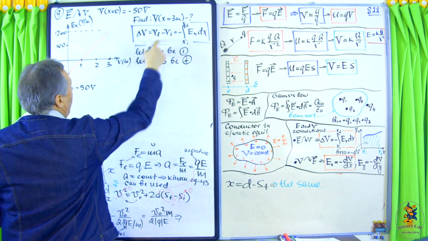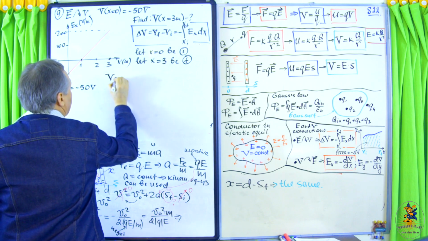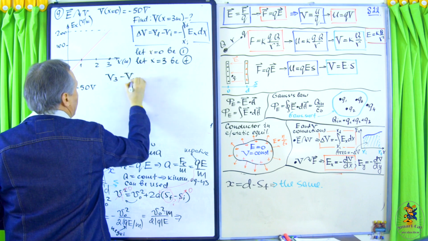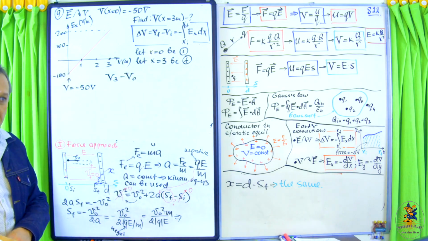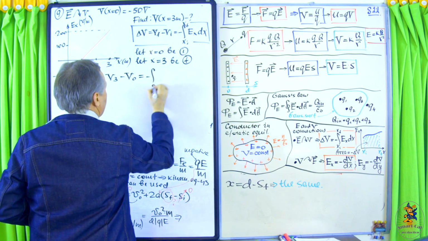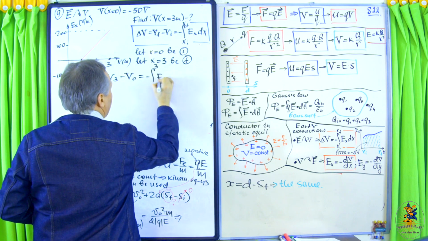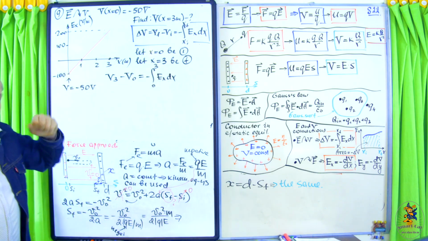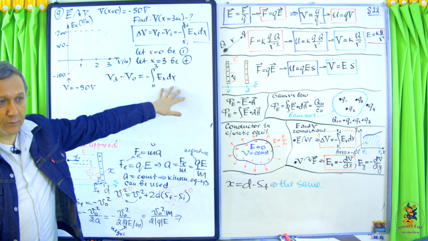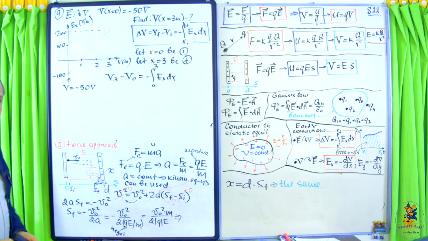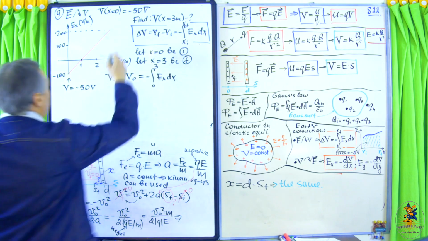Okay, so now after this we can write this formula for our particular situation. So V final, so it's V at 3, final point, minus V at 0 at the origin, right? And equals minus integral from 0 to 3 of Ex dx. Function is reasonably simple. You can integrate if you want, but again, as we discussed, we're going to use the graphical interpretation of the integral.